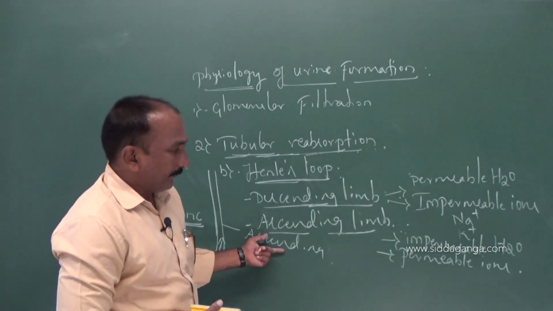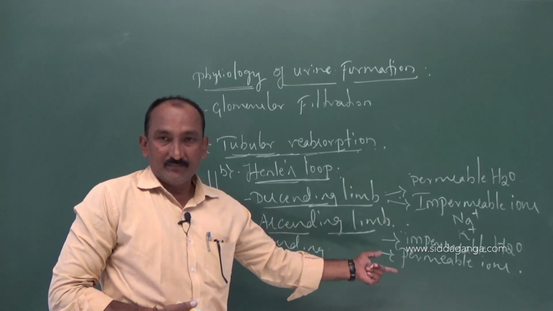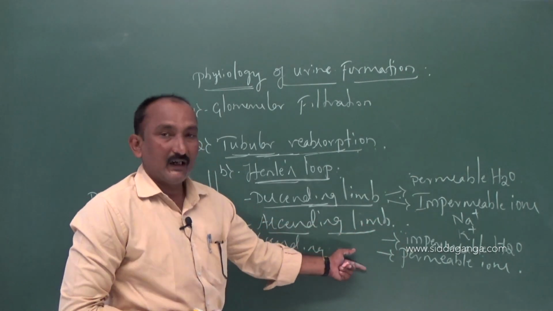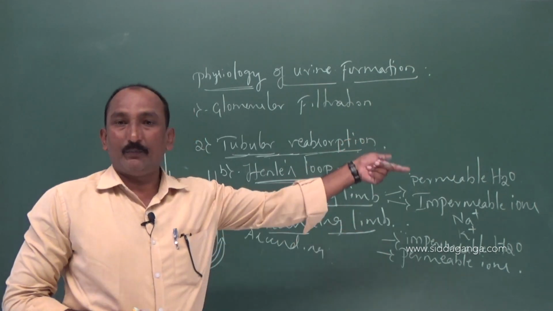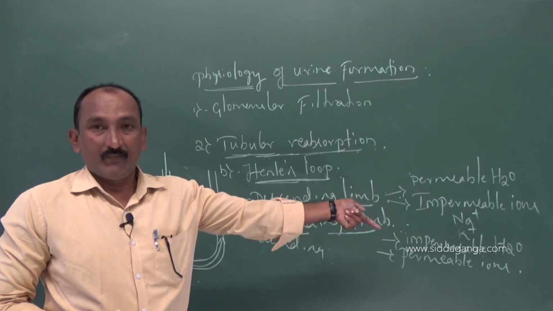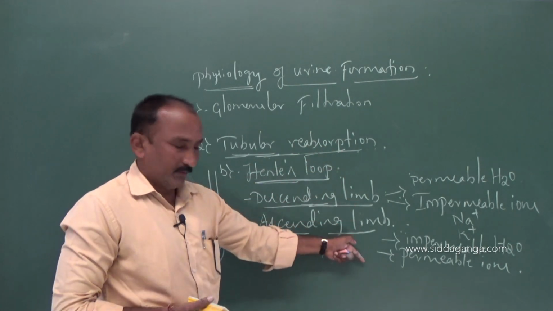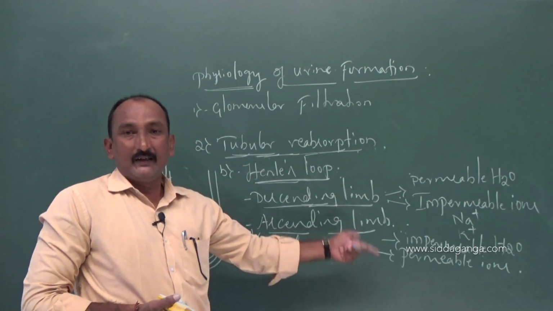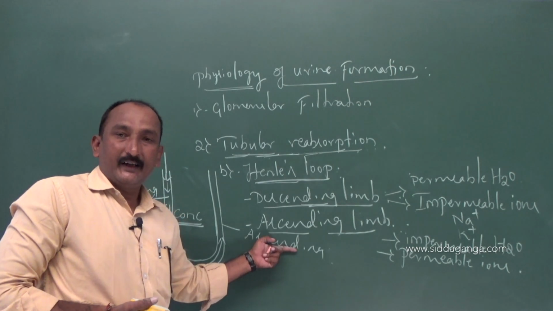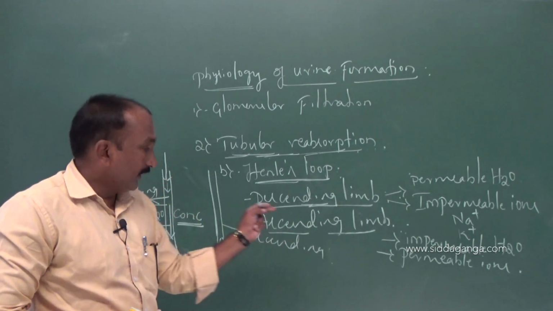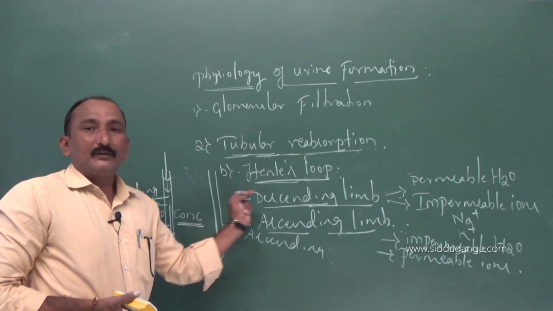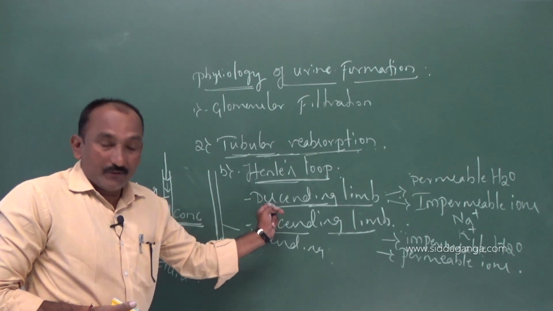It is impermeable to water, permeable to ions. That means the water cannot pass through it, while it allows the movement of ions from the ascending limb to the interstitial fluid.